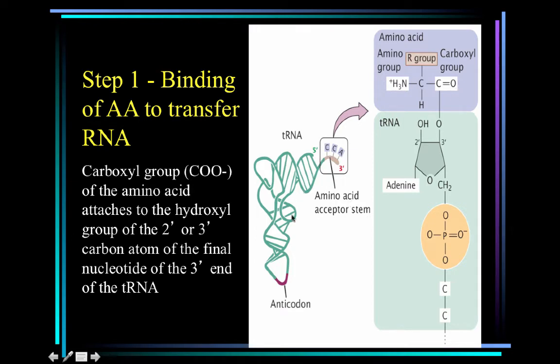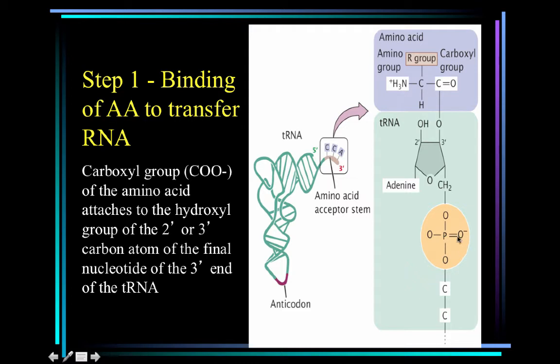So that transfer RNA is also going to have the anticoding region down here at the bottom. So that is going to be the opposite code that is going to find its partner on the messenger RNA strand as the ribosome moves along in the 5' to 3' direction. So this is what it looks like chemically. So this transfer RNA, the biggest portion of it is going to be down here in green, and that's what we see over here.